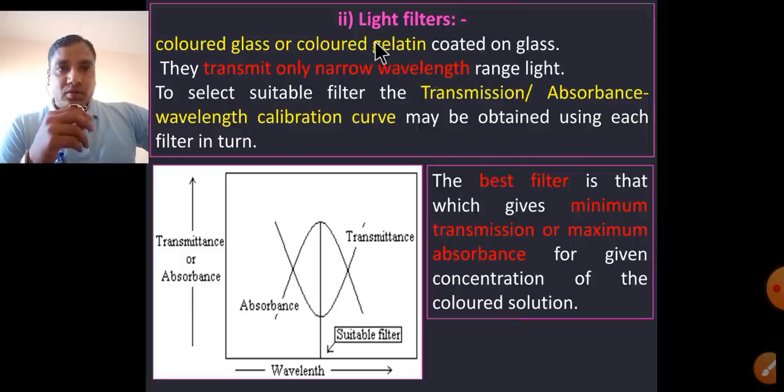Filter: light filters, colored glass or colored gelatin coated on glass, transmit only a narrow wavelength range of light from the solution in the cuvette. To select a suitable filter, the transmission or absorption wavelength calibration curve may be obtained using each filter in turn.